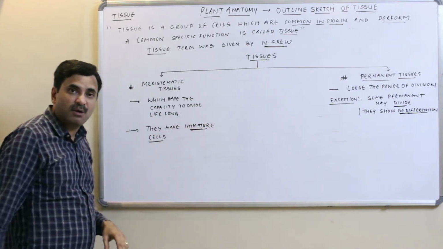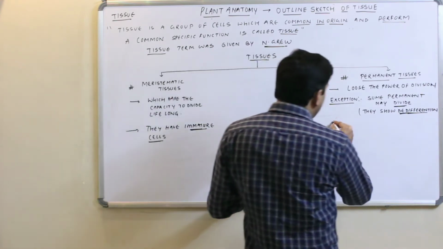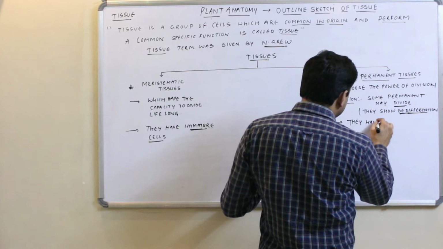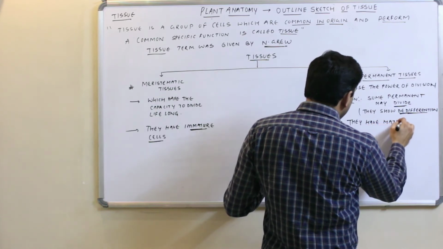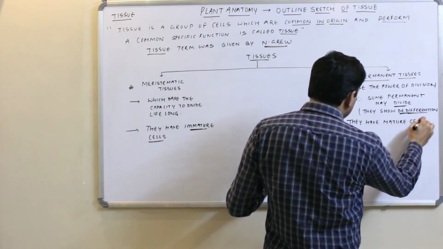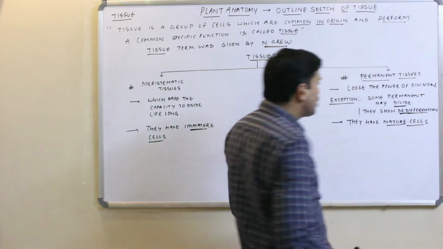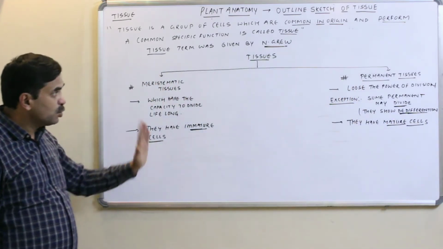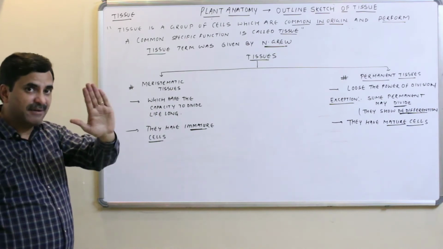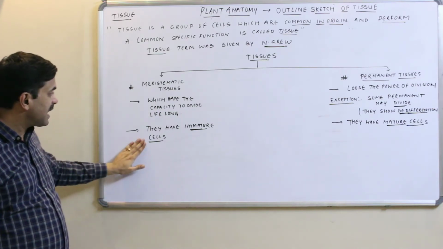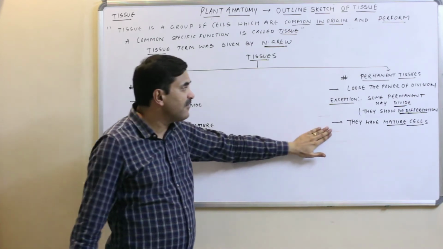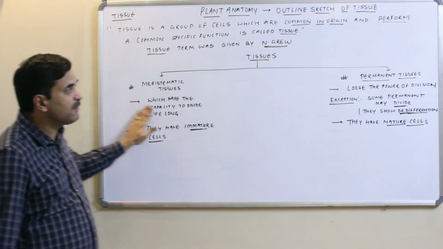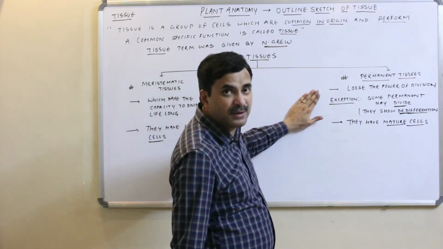The permanent tissues have mature cells, and that's why they cannot divide in general, though some permanent tissues can divide. Again I am telling, they have immature cells and they have mature cells. Meristematic tissues have the capacity to divide lifelong. Permanent tissues lose the power of division.